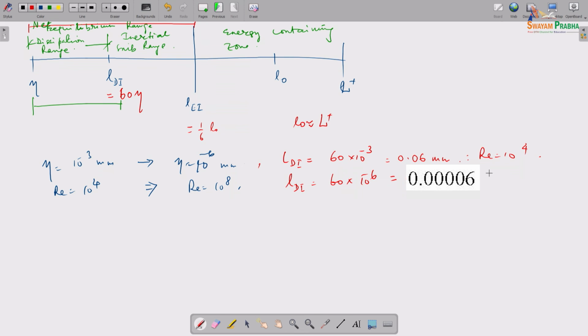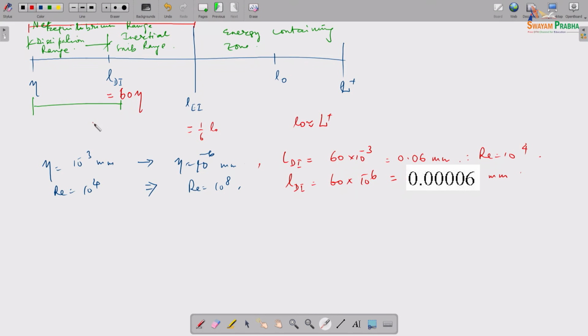Okay, millimeters. So as you can see here, LDI is shifting. This net equilibrium range, where the dissipation range is essentially here, and this LDI is shifting because of the change in Reynolds number, and it is shifting quite a bit. So the range is also affected.